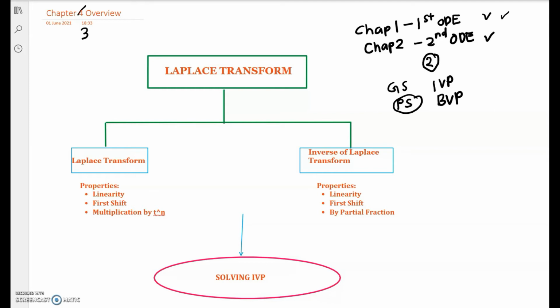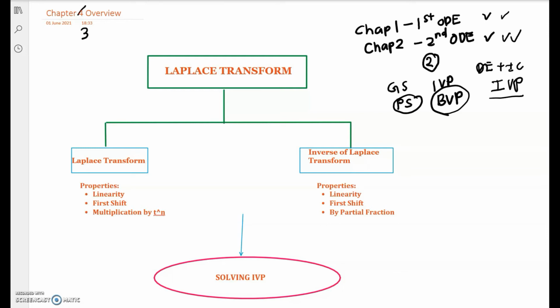For first order, you must be given one initial condition, so we need to solve the IVP. For second order, you must be given 2 initial conditions, so you are dealing with initial value problems. If you are given boundary conditions, you are solving a boundary value problem.